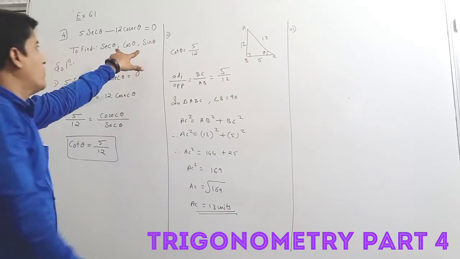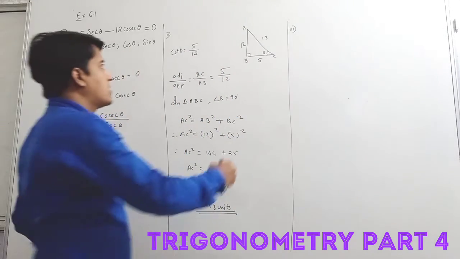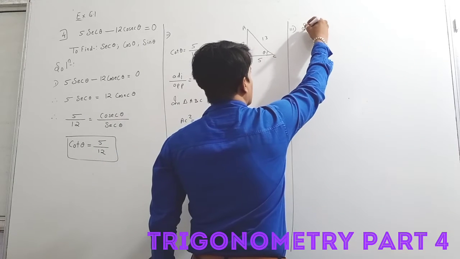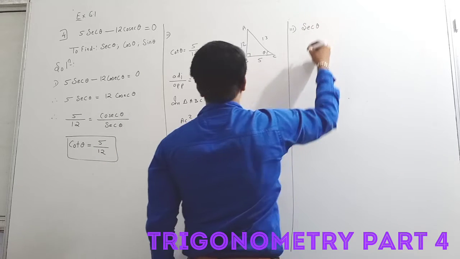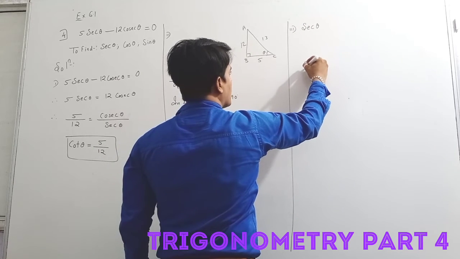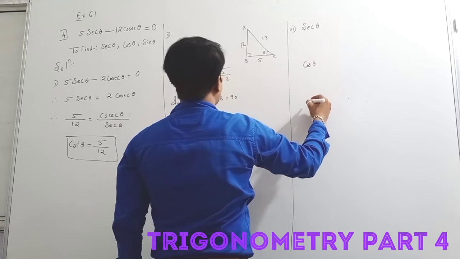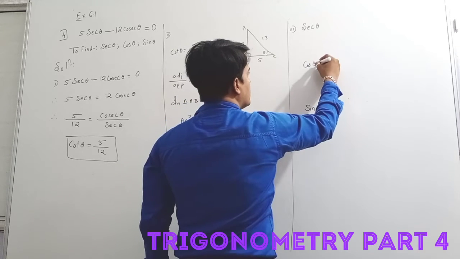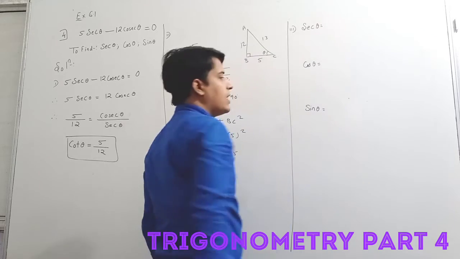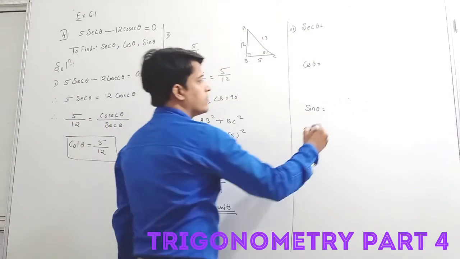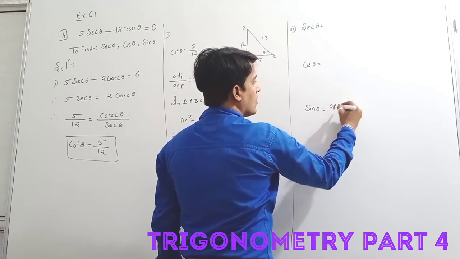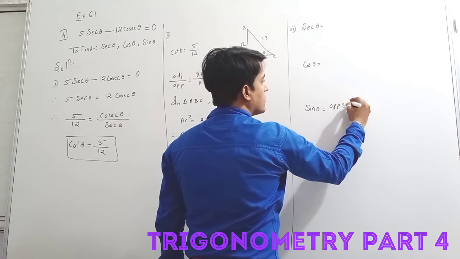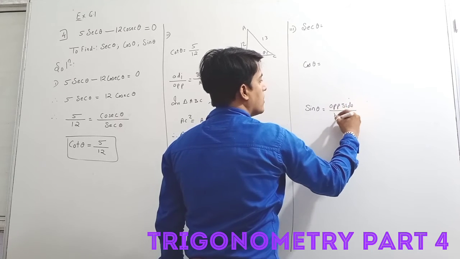I will write whatever formulas I need: sec theta, cos theta, then sin theta. We will just write the formulas over here. For sin theta, the formula is opposite side upon hypotenuse.